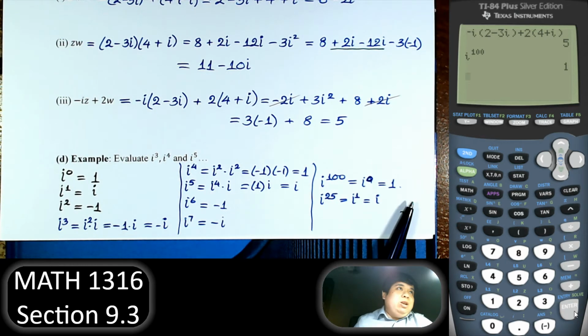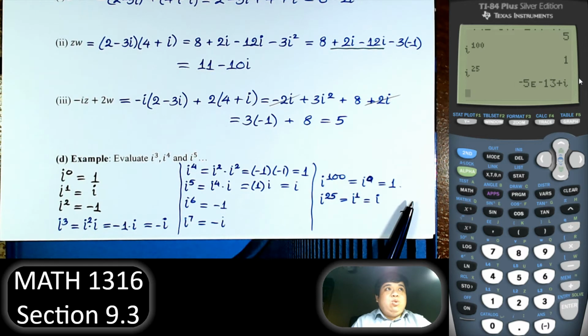So i to the 25th is the same thing as i to the first, because 25 divided by 4, the remainder is 1.